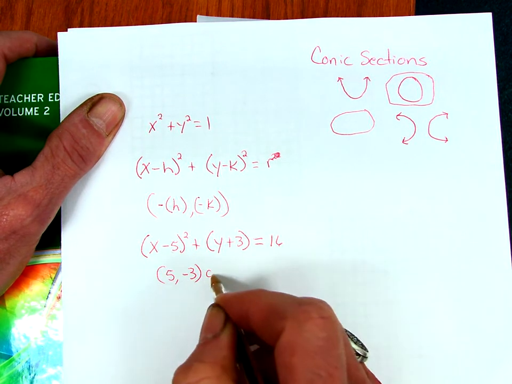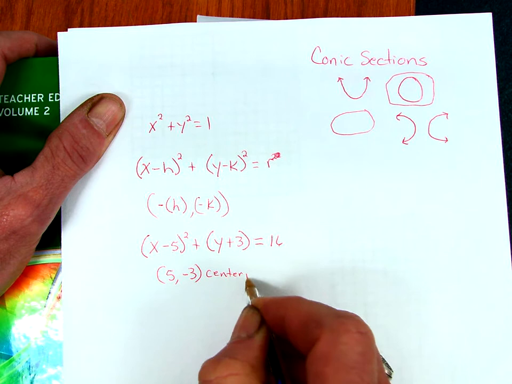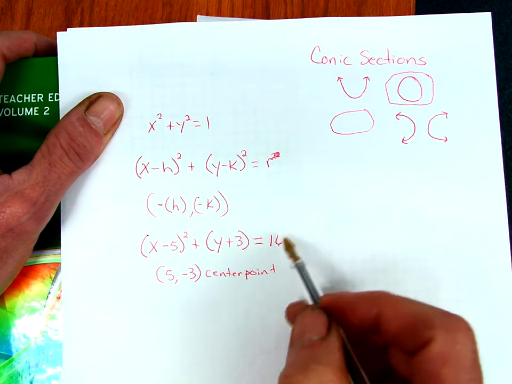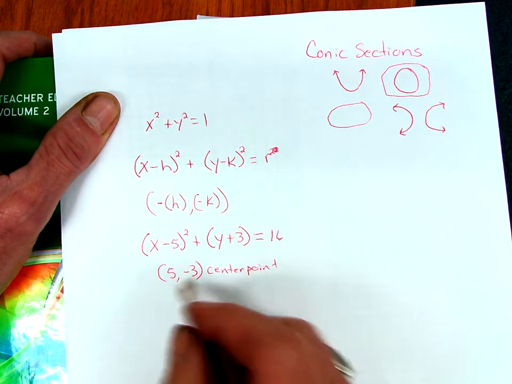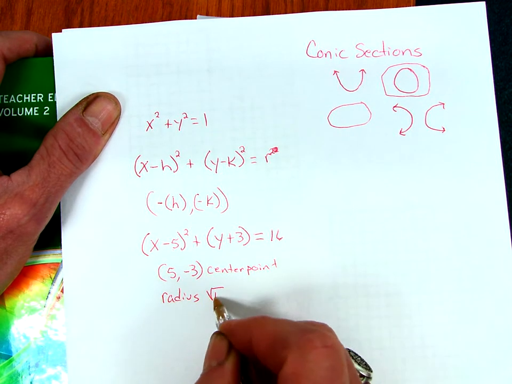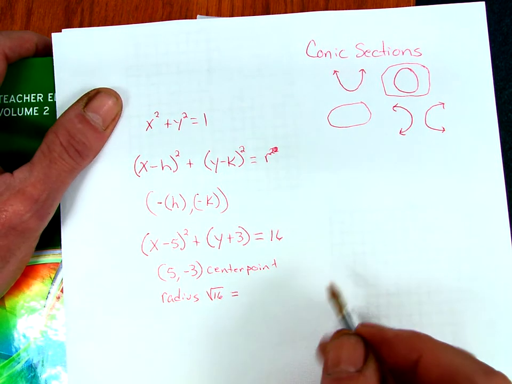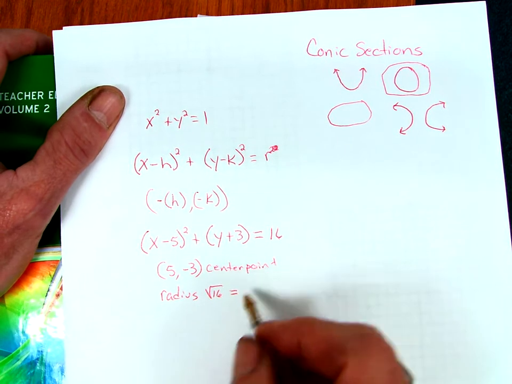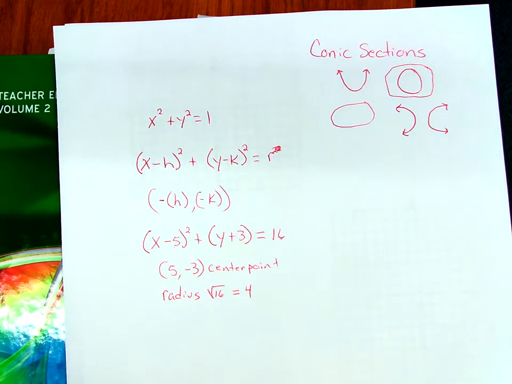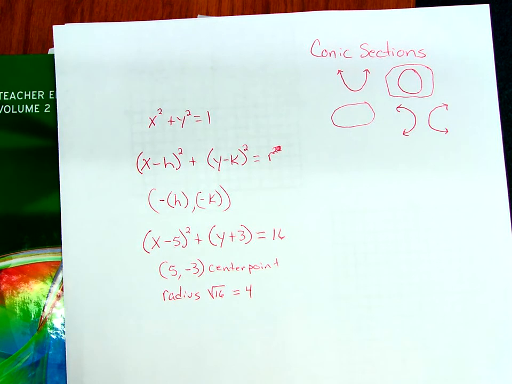There's the center point. And the radius, since this is r squared, the radius would be the positive square root of 16, because this is a length, which would be 4. So now if we had to, we could go graph this circle.